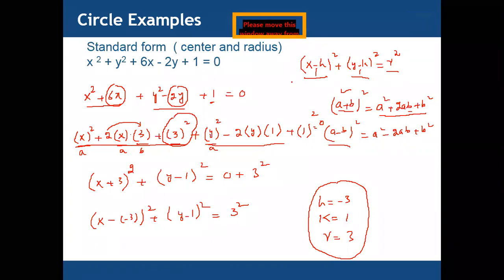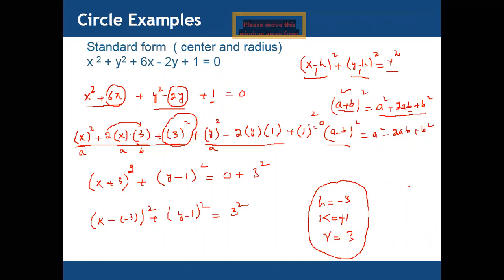No, it must be negative: x minus h. If this one is negative, it's okay. But if this one is positive, you must change the symbol to minus, because we have the standard formula x minus h plus y minus k. So both must be negative. If we have plus, then we can write it in the form of negative, like we did in this example, x minus minus 3. So then we will take this one as minus 3, and y is also y minus k, so k is plus 1. So one is minus, the second one is plus. This is plus 1. Correct?